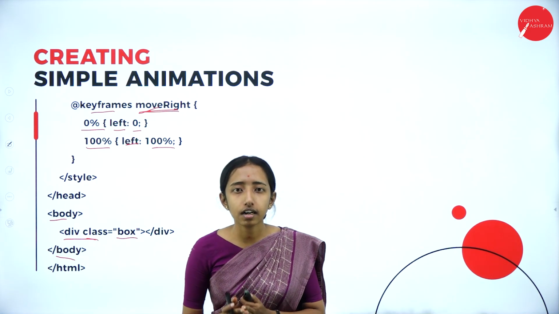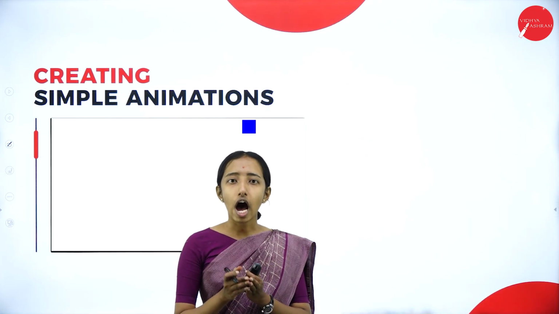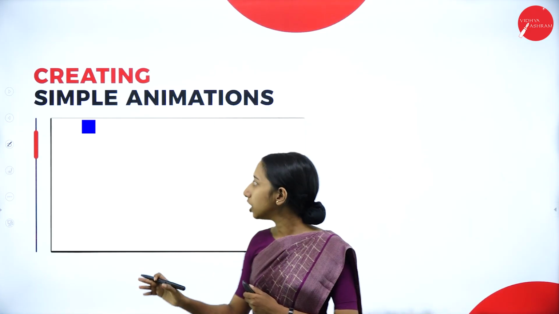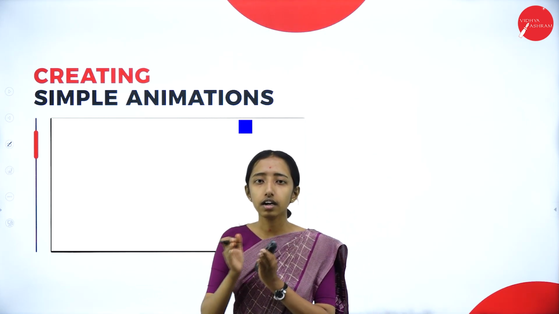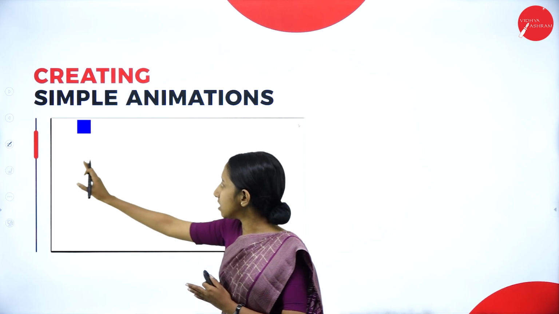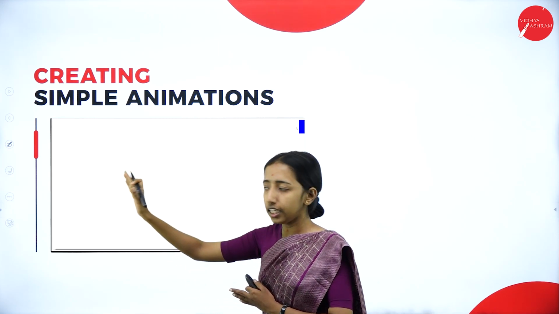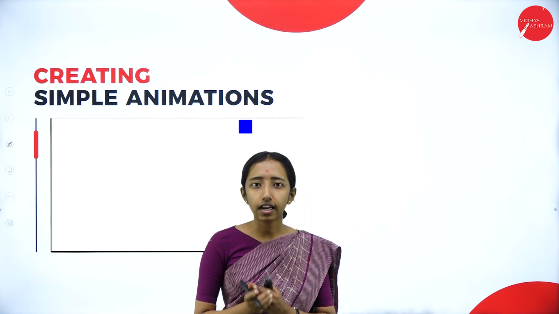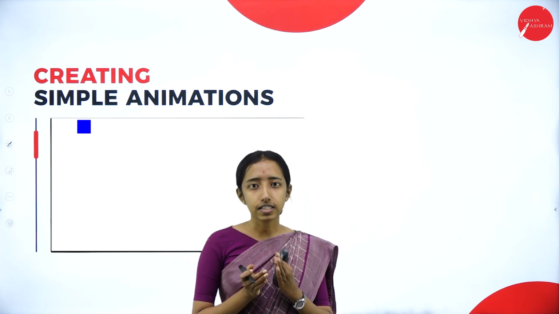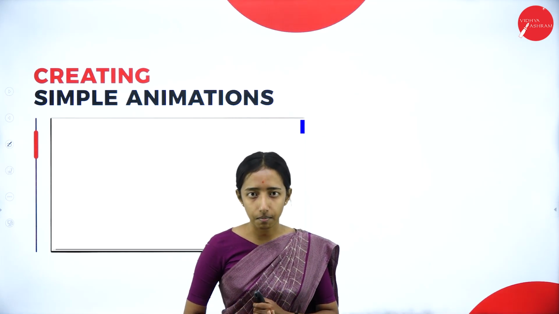Now we have created a simple animation. How does it work? Here you can see I have a blue box moving for 3 seconds in an infinite loop. In this way we can create an animation through CSS and HTML.